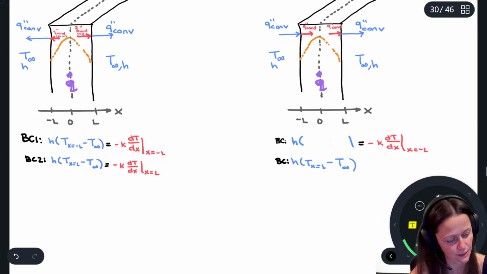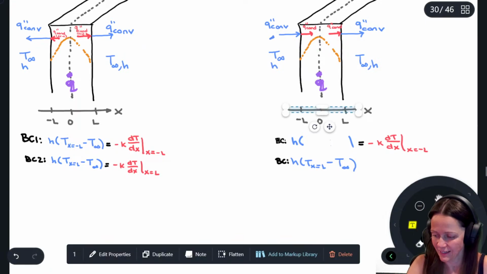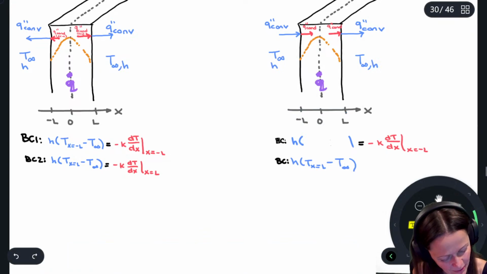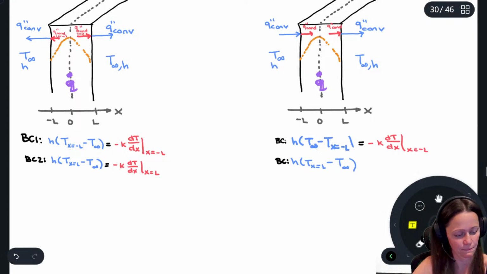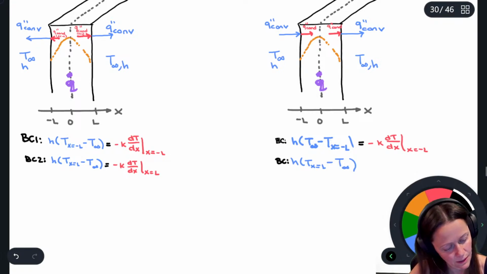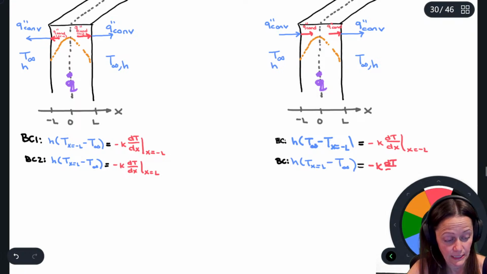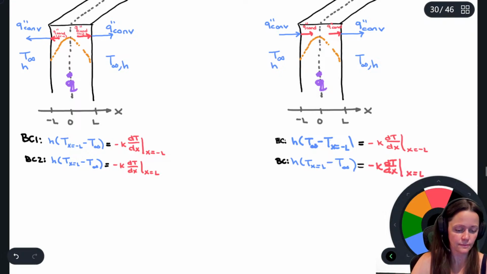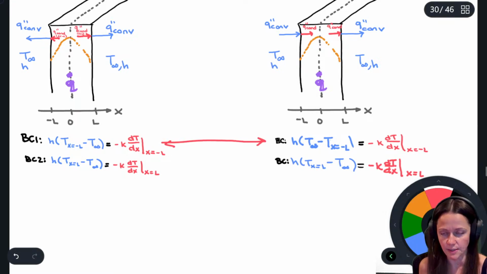Going back to the left-hand side again. At the beginning of the arrow, right there, would be T infinity. Sorry about that. So this is T infinity minus T at x equals negative L. And then this is negative k dT/dx at x equals L. Again, you can see the difference between those, but it's not going to matter.